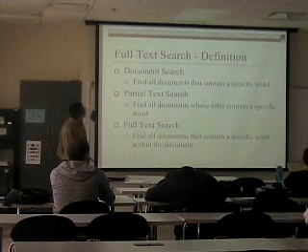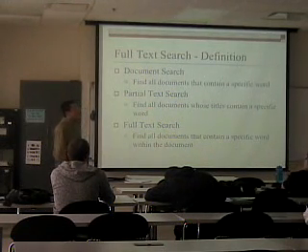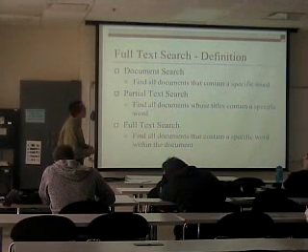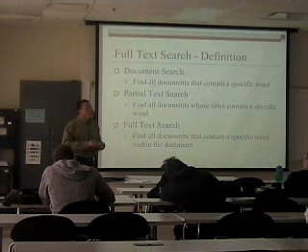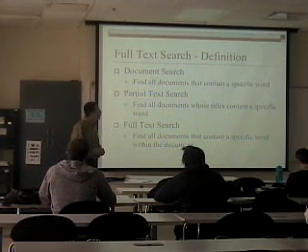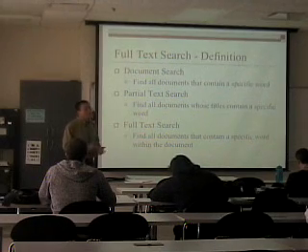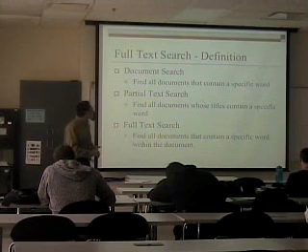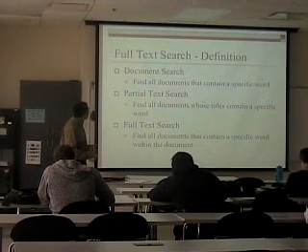Full text search is where you want to search for a word anywhere in the document, as compared with partial search, where you search only the title or the header or the abstract. That's the difference.